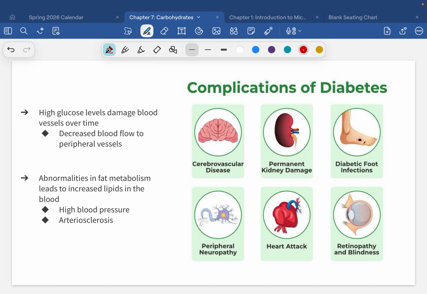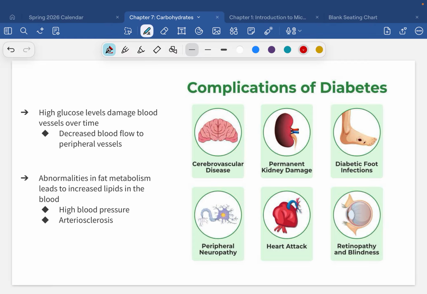Those are all related because high glucose levels over time will damage your blood vessels. Your body is not meant to have high levels of glucose for years and years and years. All of that glucose will eventually damage your blood vessels.